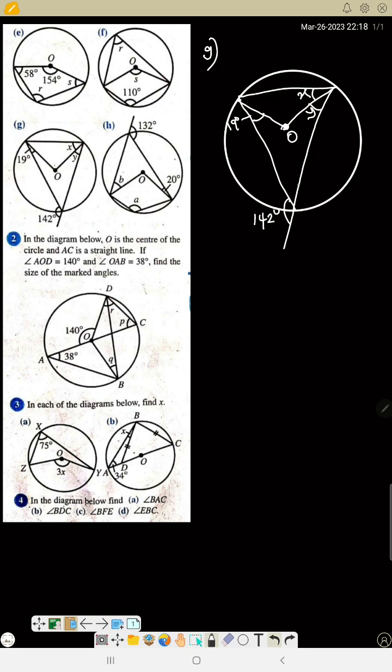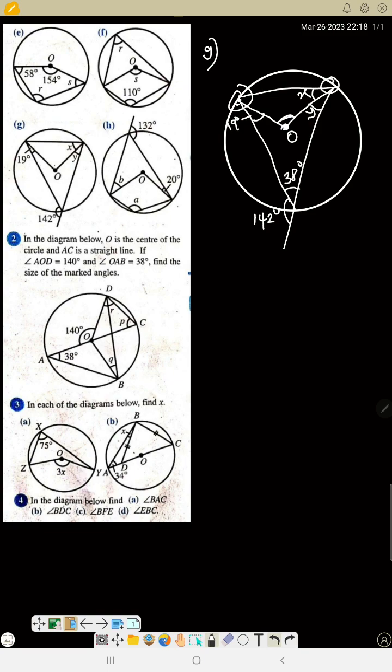first, this is a straight line, and sum of angle on a straight line is 180. So that means 180 minus 142. So this place will be 38. So that's 38 degree. And if here is 38, you can know this place because this is an arc now.